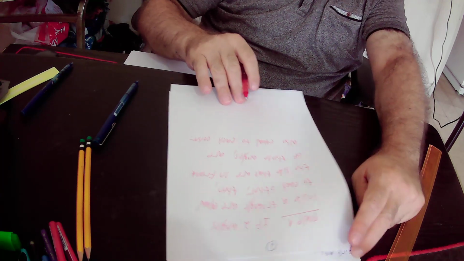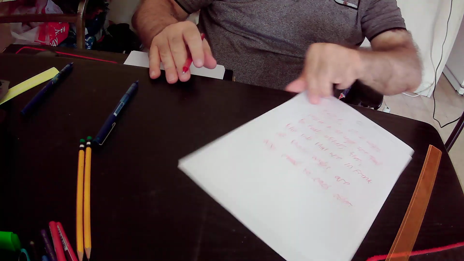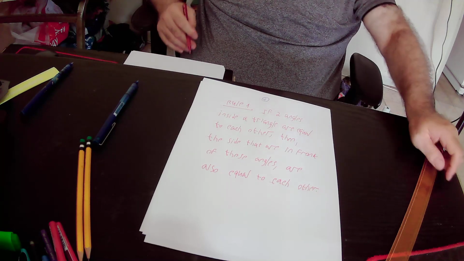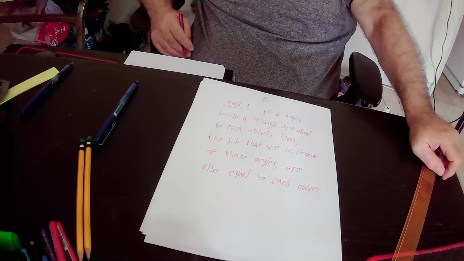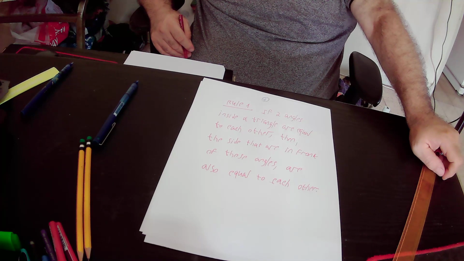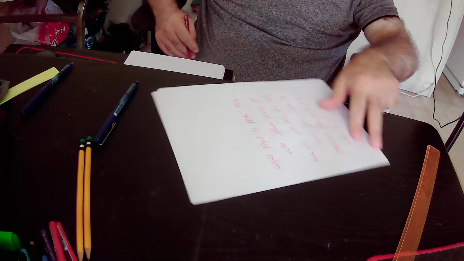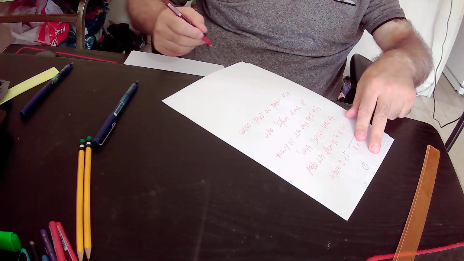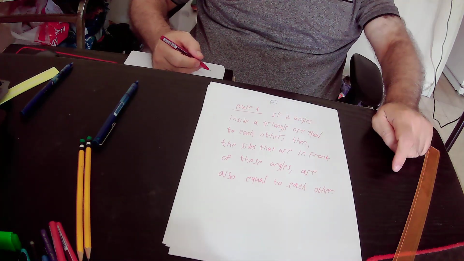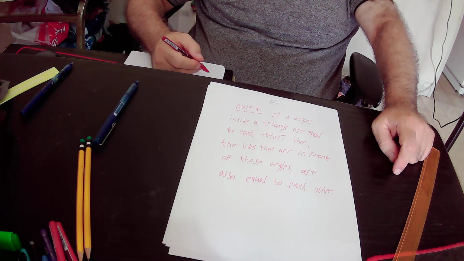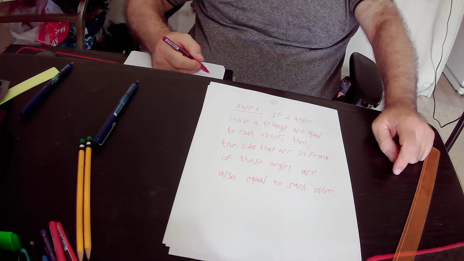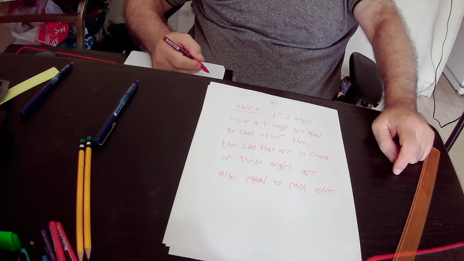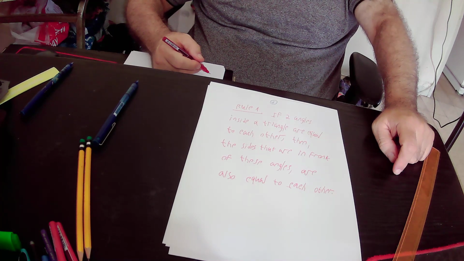So I will read rule number 1 again. Rule number 1 states that if two angles inside a triangle are equal to each other, then the sides that are in front of those angles are also equal to each other.